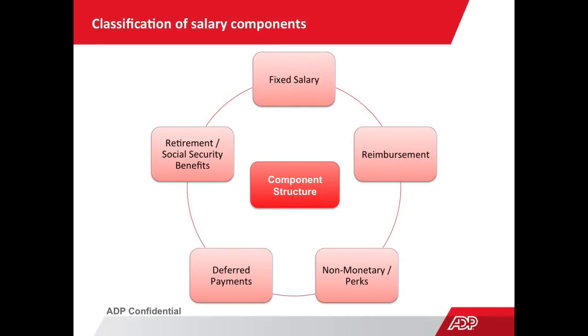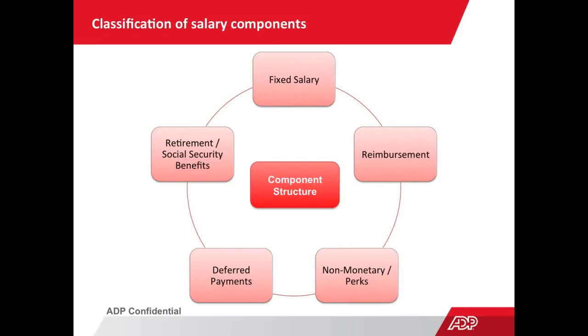Then there is reimbursement, which goes into the salary package and is paid against the submission of expenses incurred or claims. Then certain non-monetary benefits or perquisites are also provided as part of the compensation. We will get into the details in the subsequent sessions.